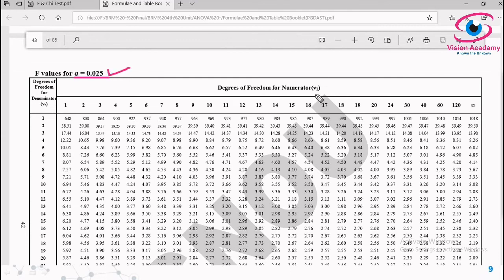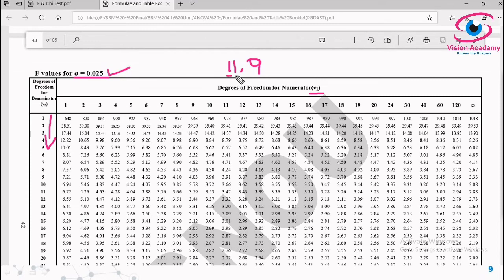Here, this row is V1 and this column is V2. This is an F table, V1 V2. Our V1 is n1 and V2 is n2. So our V1 is 11 degrees of freedom because 12 minus 1 is 11, and V2 is 9 degrees of freedom because 10 minus 1 is 9.